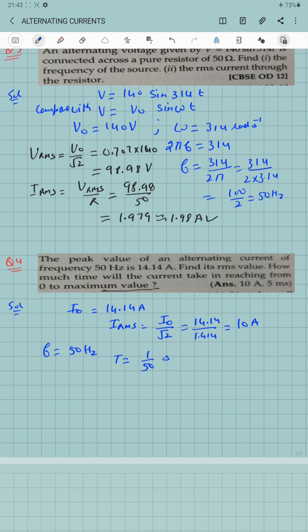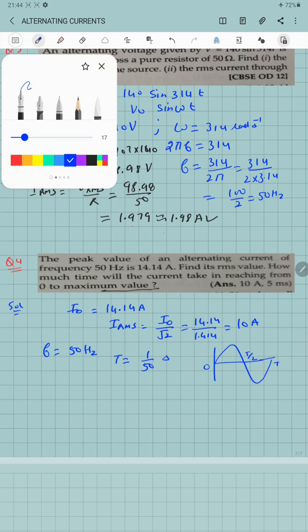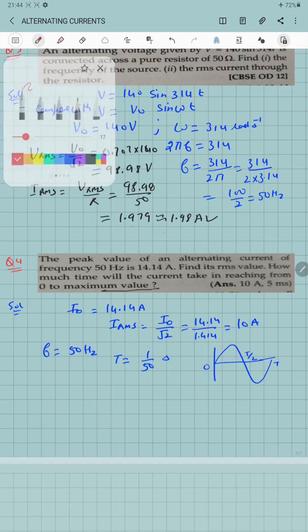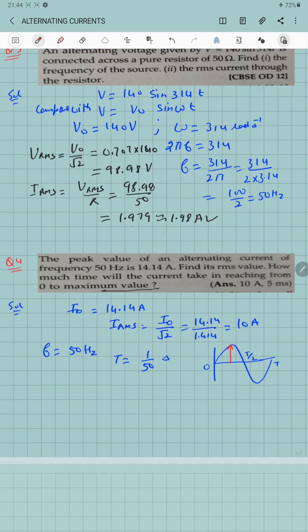So if we take a look at this AC cycle, this is time 0, this is T by 2, this is T. So over here at this particular time, the AC current becomes maximum.